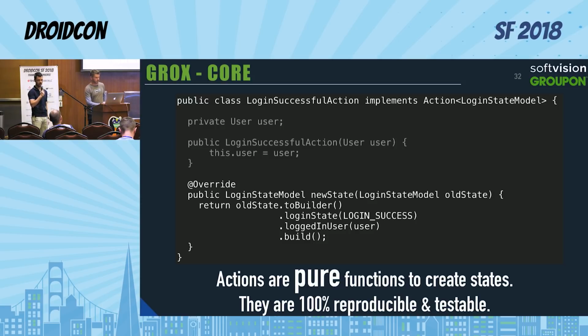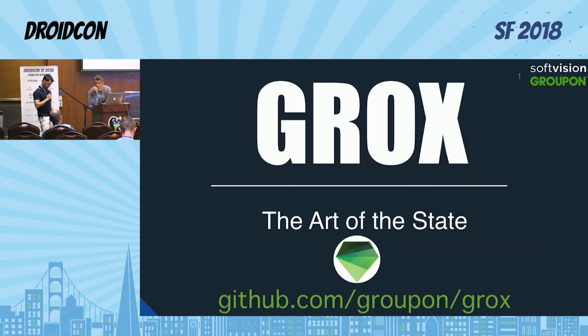Doesn't Grox have an option to persist my state on disk for at least some of the attributes? That's really easy. Your state should just be serializable, and you just write it.